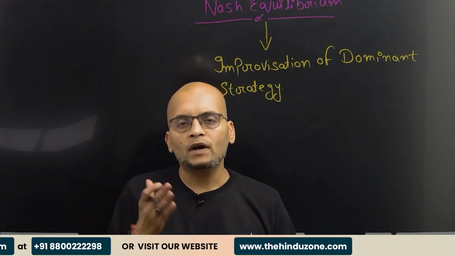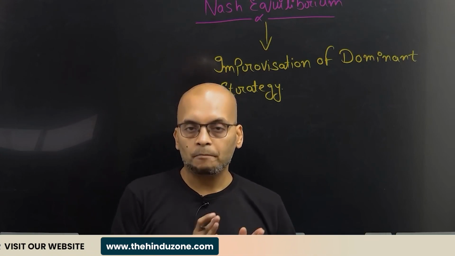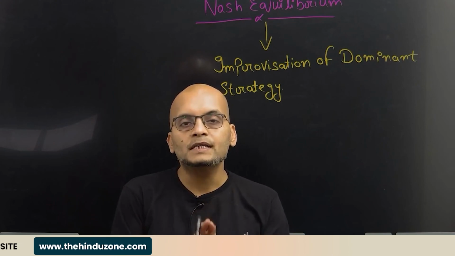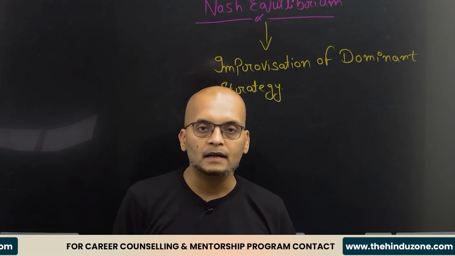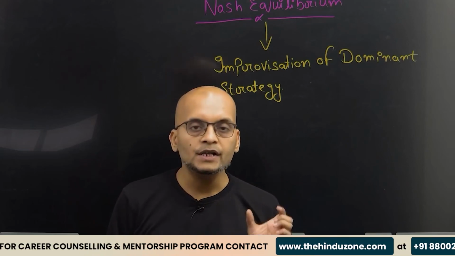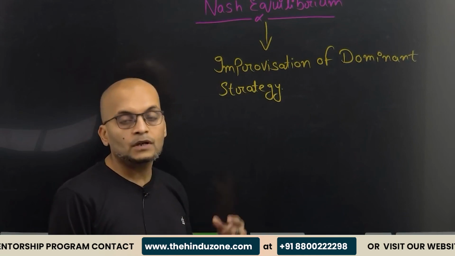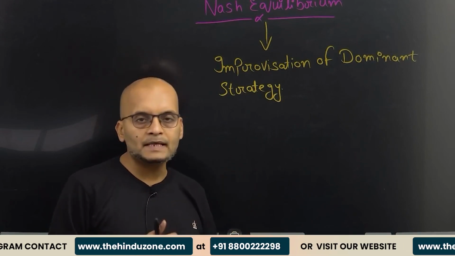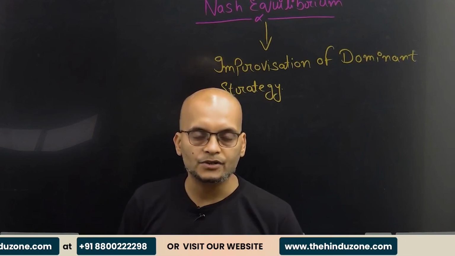That means whatever strategy is taken by the other player, a particular player is going to stick to his dominant strategy. That's what the prisoner's dilemma or dominant strategy talked about. Here, Nash equilibrium is basically an improvisation over dominant strategy.